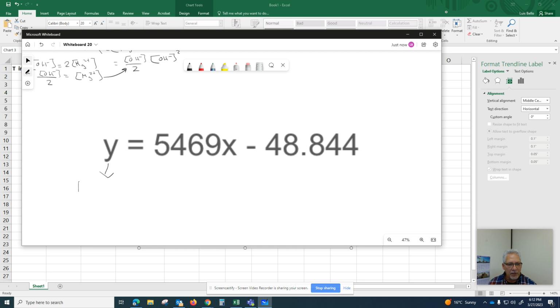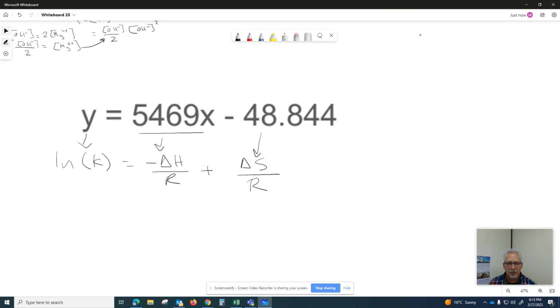Equal, the y will be the natural log of K. The slope will be negative delta H over R, and then the intercept will be delta S. Actually, on the formula I have a positive number, but this one becomes negative, okay? Delta S over R. R is given on the, let me make this one bigger.